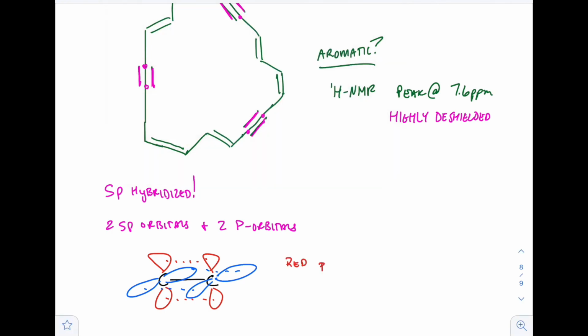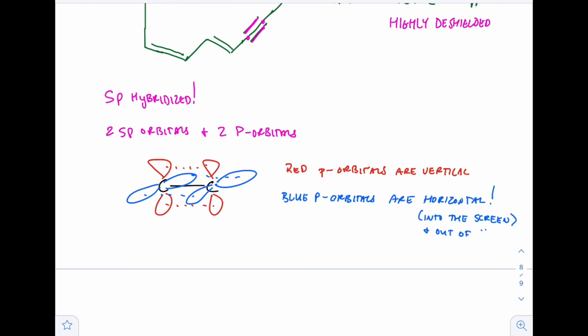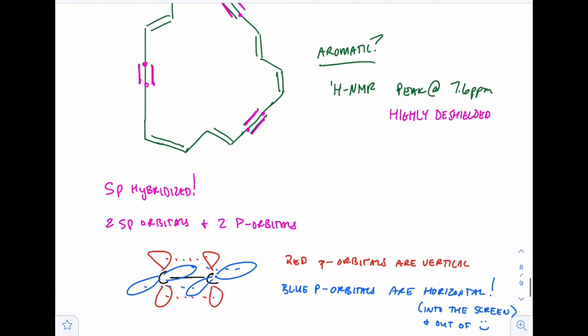Remember, we have a px, py, and pz, and so these are 2 of those p orbitals projected into the x, y, or z plane, and so those red p orbitals are vertical, and the blue p orbitals are going to be horizontal. Okay, so what's the significance of this? Let me just write that they're into the screen. The blue p orbitals are into the screen as well as out of the screen, just to give you an idea as to what we're looking at.